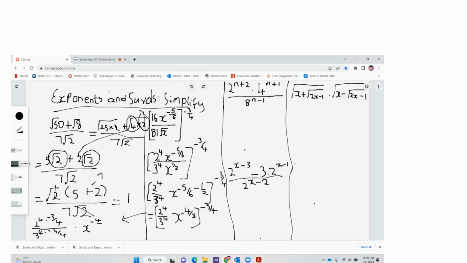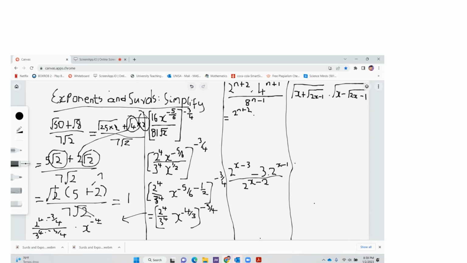Okay, still on simplification. So with this one here, it's going to be easy to make that 4 base 2 and that 8 base 2. Those are the numbers that are commonly known. Okay, we're going to have 2 to the power of n plus 2. So just notice that we always try to have the same base everywhere.